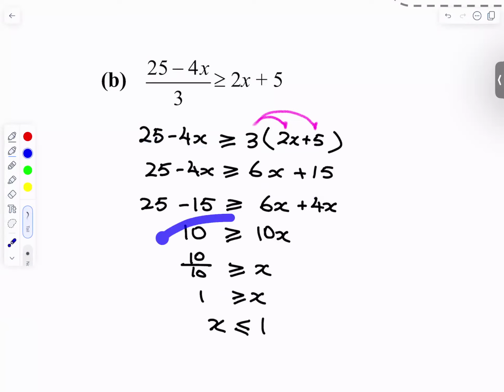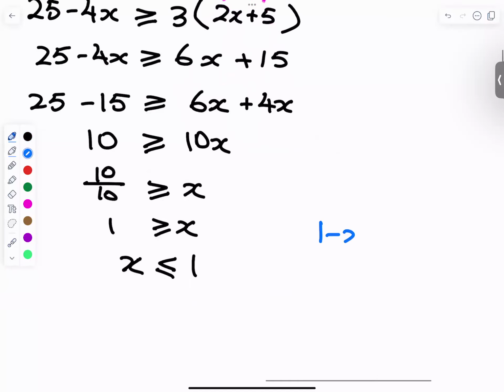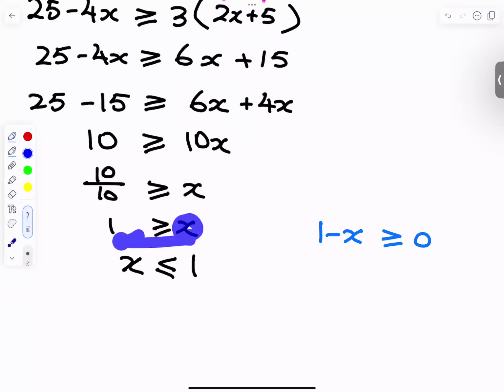Or even, let's say this one. You could imagine this as moving x to the left side. If I just move the x, it's positive there, goes to the left side, negative. And the 1 also goes to the other side now.